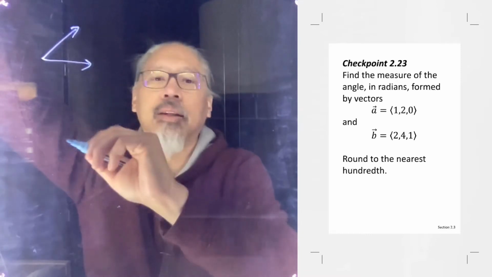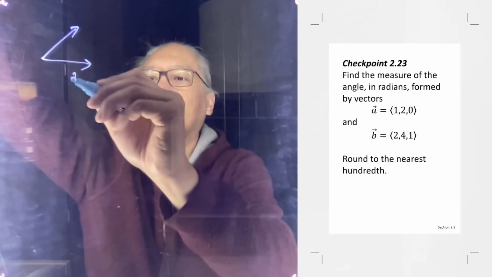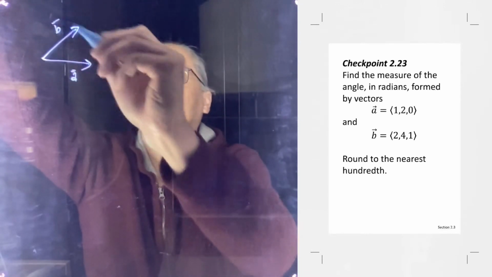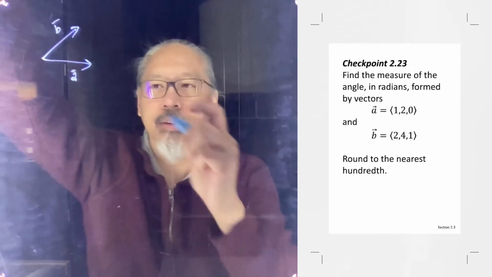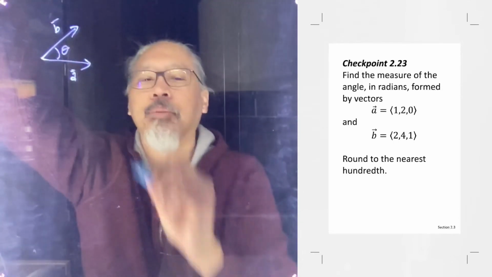We don't need to draw this precisely in XYZ space, but if we have the vector A and the vector B, let's say looking like this at some angle in space, we want to find the angle between them.